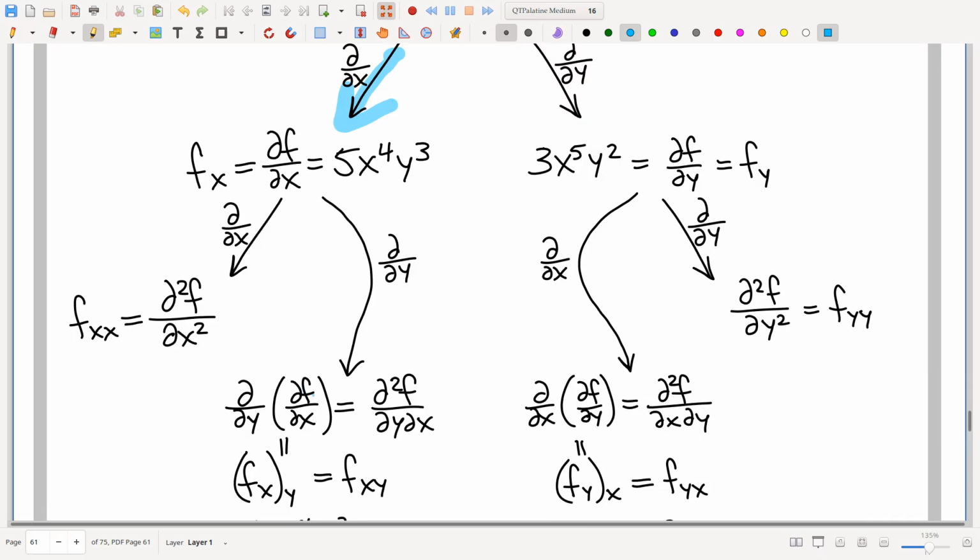You can take that x partial and write it like so, or you can write it like so. So you can write the x partial in either of those ways. And then the act of taking the y partial of that, you can write either like so or like so.